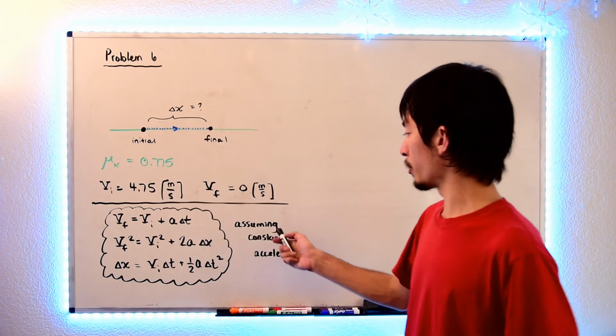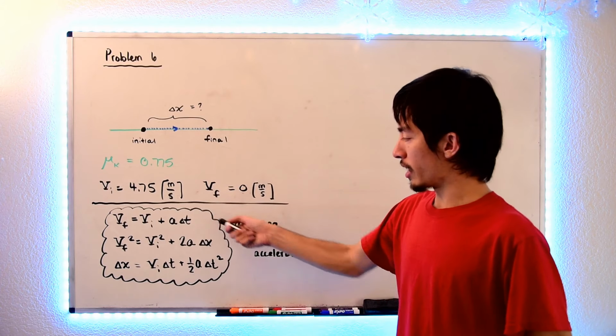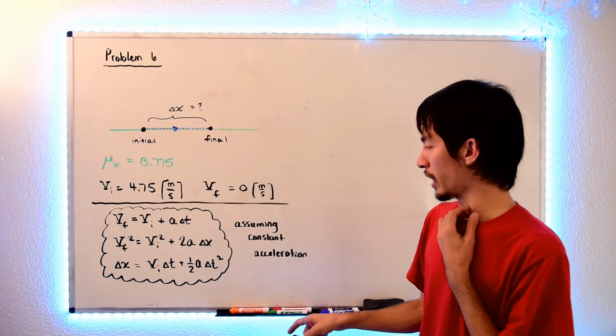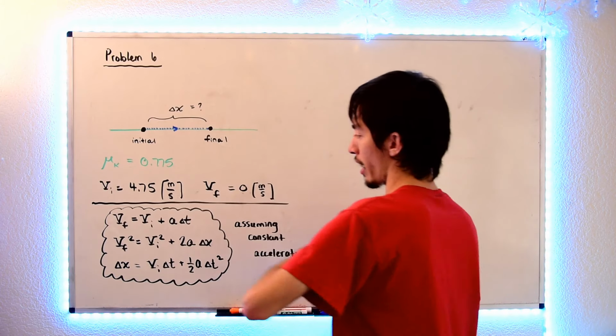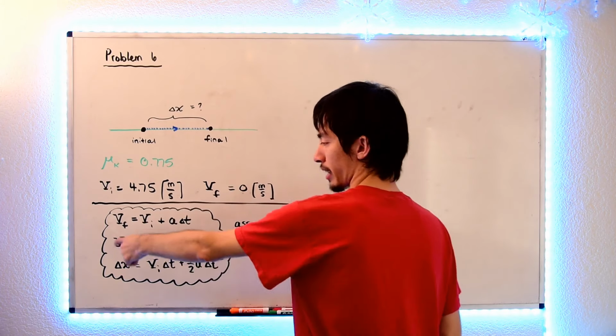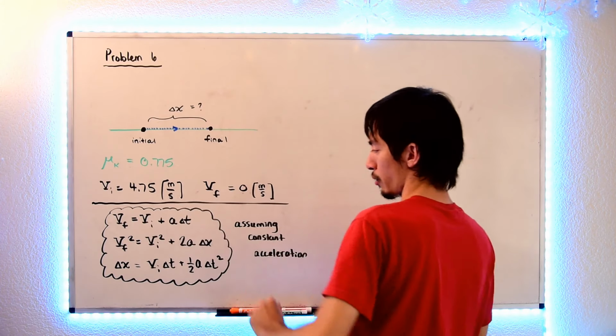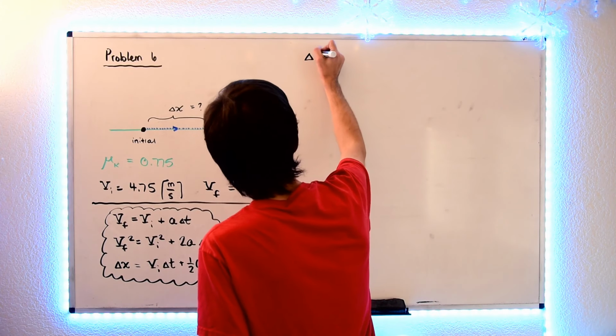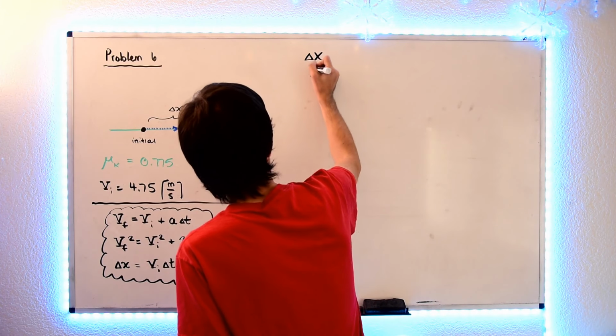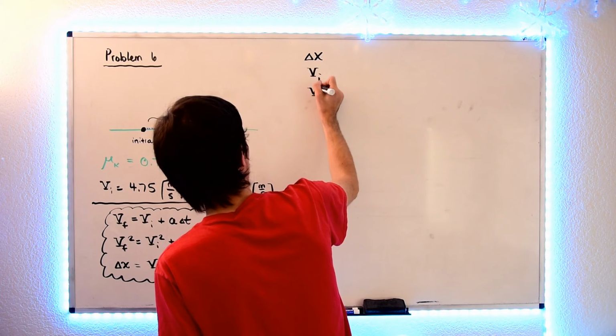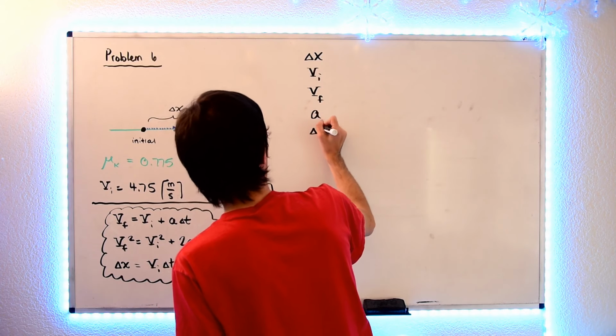So we need to identify what we have and what we don't have. What we're going to do is write out a little table here of all the possible things that we could use in these equations. We could talk about the distance, delta x, the initial velocity, the final velocity, the acceleration, and the time.